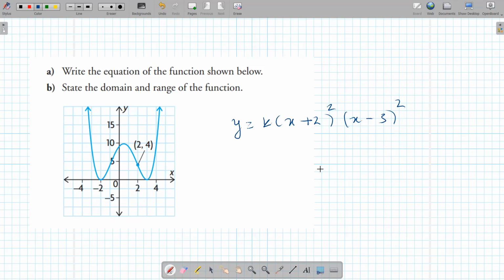Okay. How do we find the k value, the leading coefficient? Notice they've given us a point. It's unclear what the y-intercept is, but they have given us a point. We can use that to find the leading coefficient. We know the leading coefficient is going to be positive, but we also have to pinpoint what it is exactly, yeah?